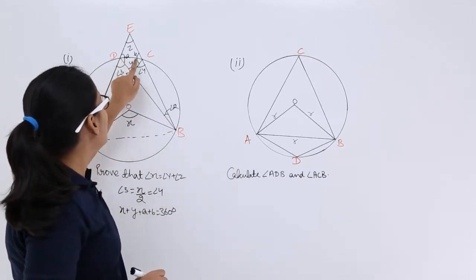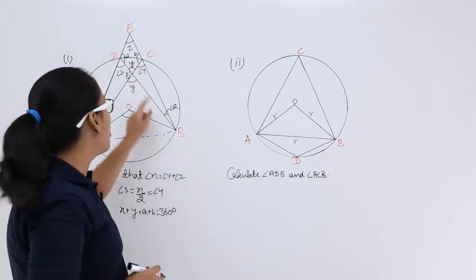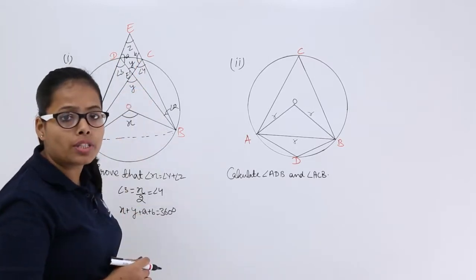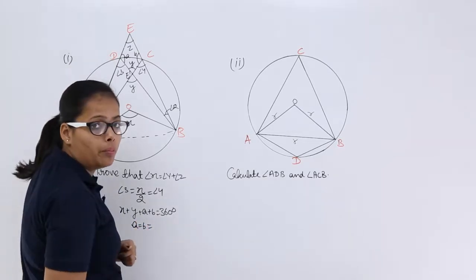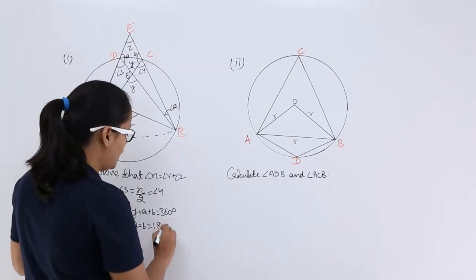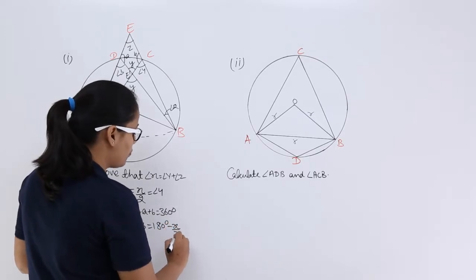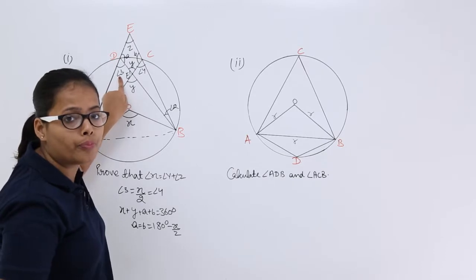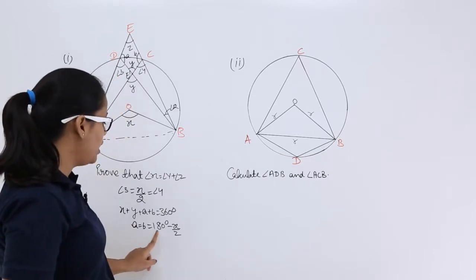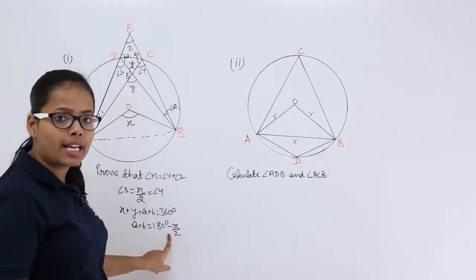You know that A and B are going to be the same, because angle 3 and angle 4 are equal. The value of angle A equal to angle B is going to be 180 degree minus x by 2, because the value of angle 3 is x by 2.